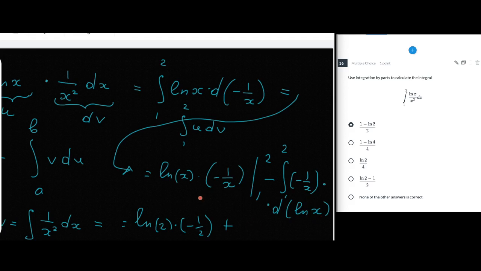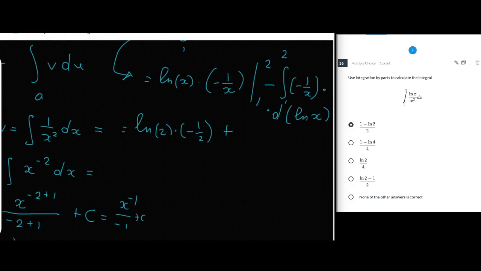So we're going to get plus the integral from 1 to 2, 1 over x times 1 over x dx. So negative natural log of 2 over 2 plus the integral from 1 to 2, 1 over x squared dx.